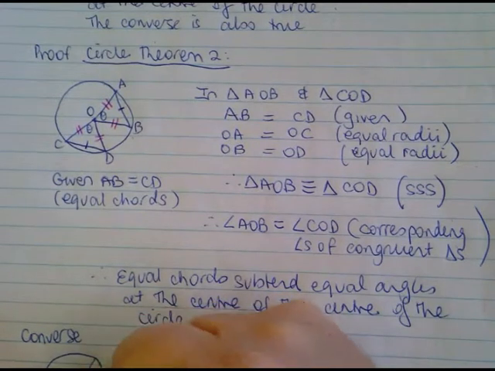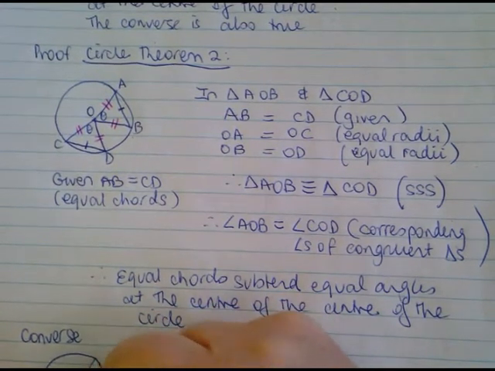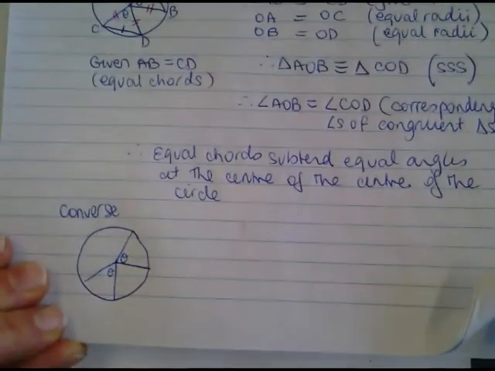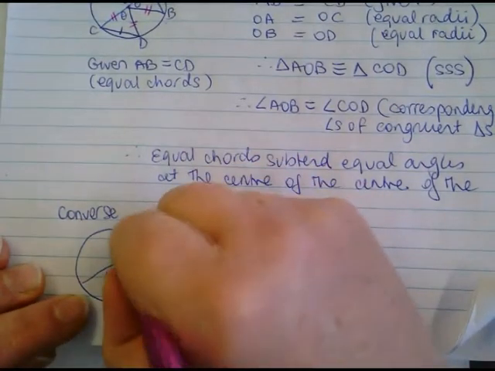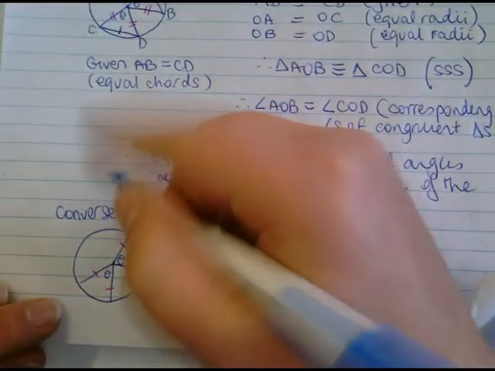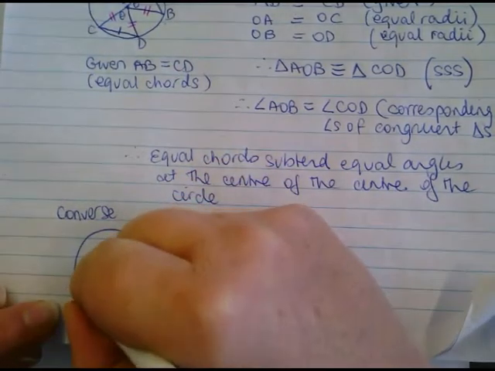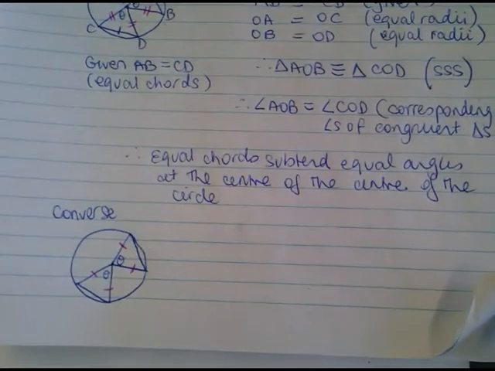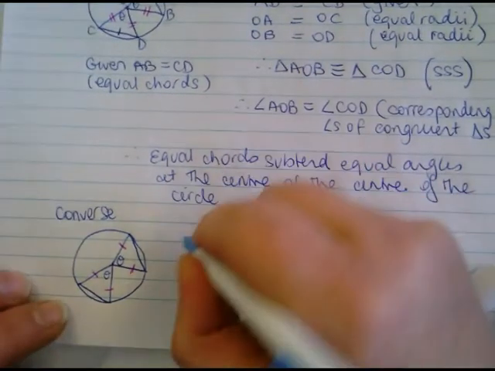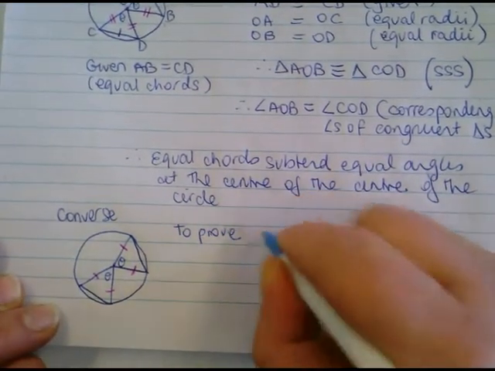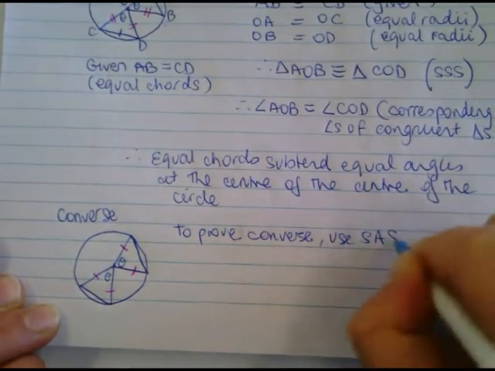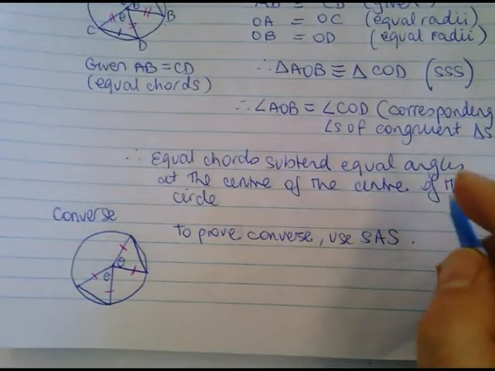If I was to prove the converse, I'm not going to do the full proof, but we're just going to write a little bit about it. What if the angles are equal at the center? So let's say the angles are equal and you know that you've got equal radii. To prove the converse, you would use SAS. Do you get it?